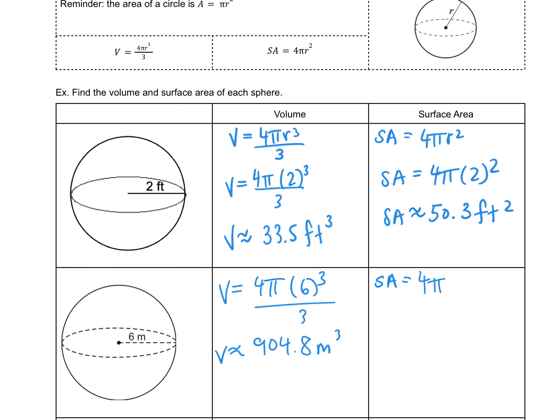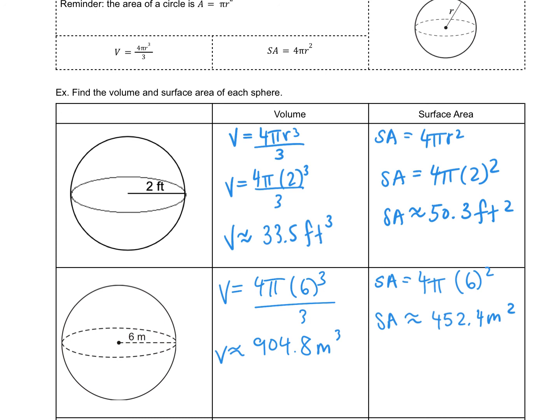So 4 pi 6 squared is what we should have. And when we plug that into our calculator, 452.4 meters squared.